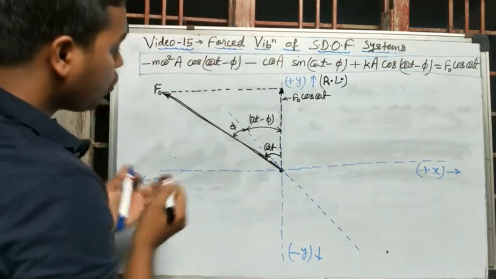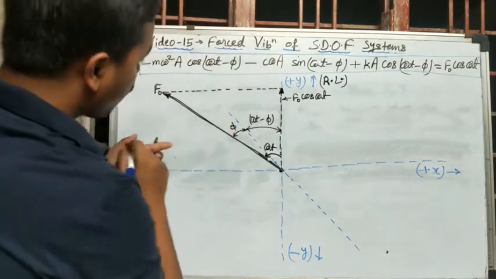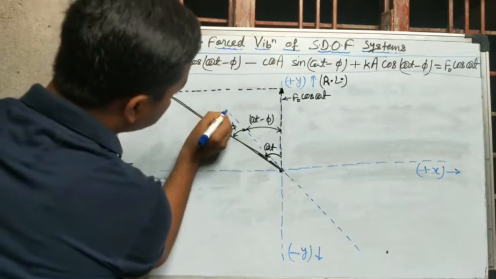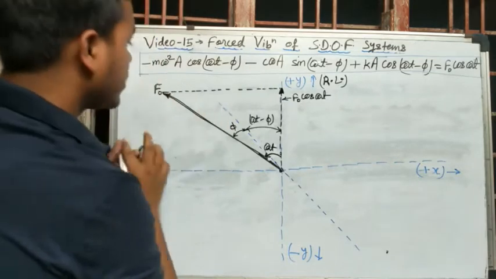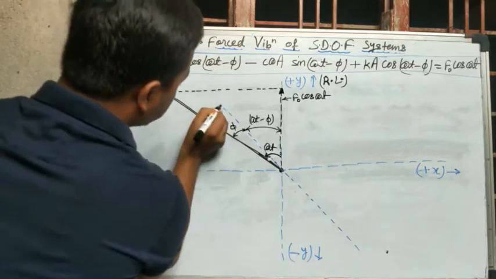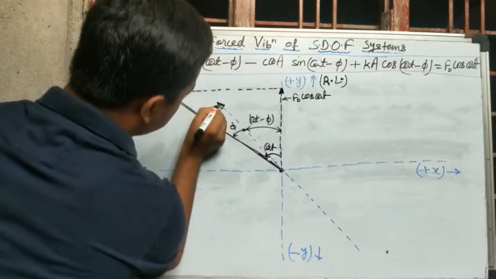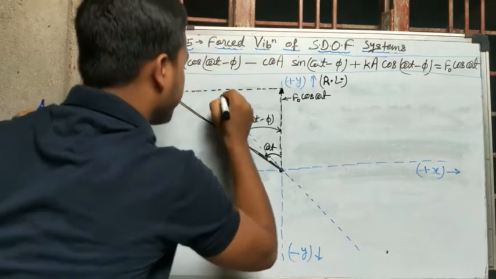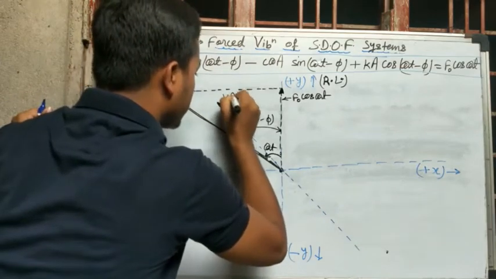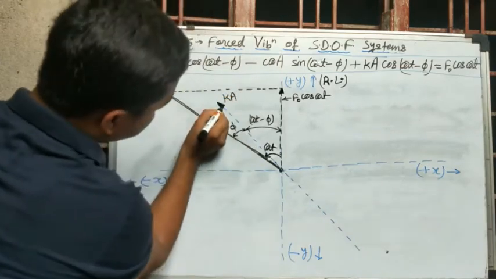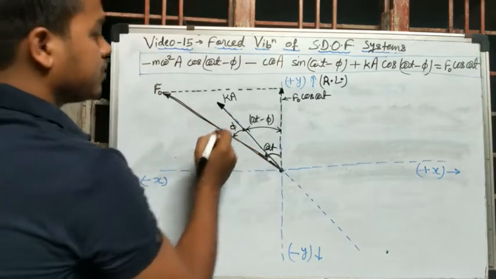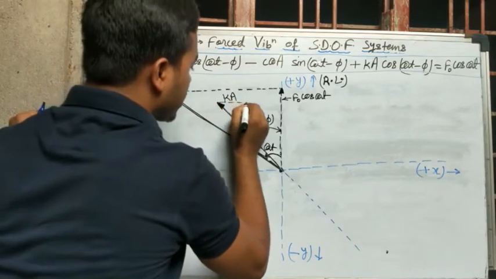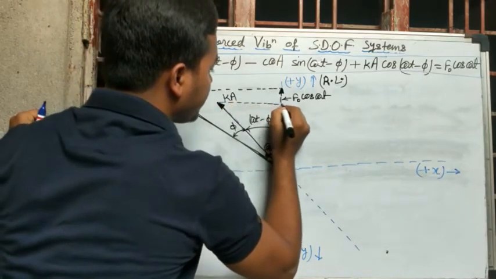Right. Now, over this line, just be with me. Now suppose over this line, I'll have certain force Ka. Suppose now this force is Ka. So its component over the reference line will be equal to how much?